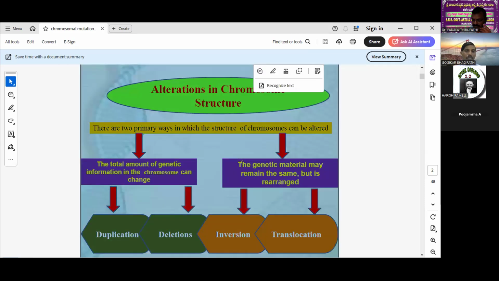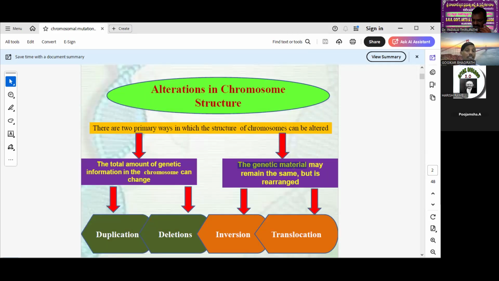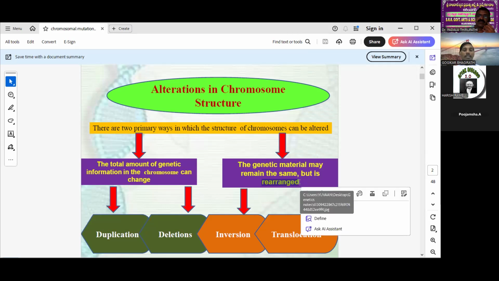In another aspect, the gene number is the same, but the genes are arranged in a different sequence or order. That means one is a change in the total number of genes, and the other is rearrangement of the same number of genes.